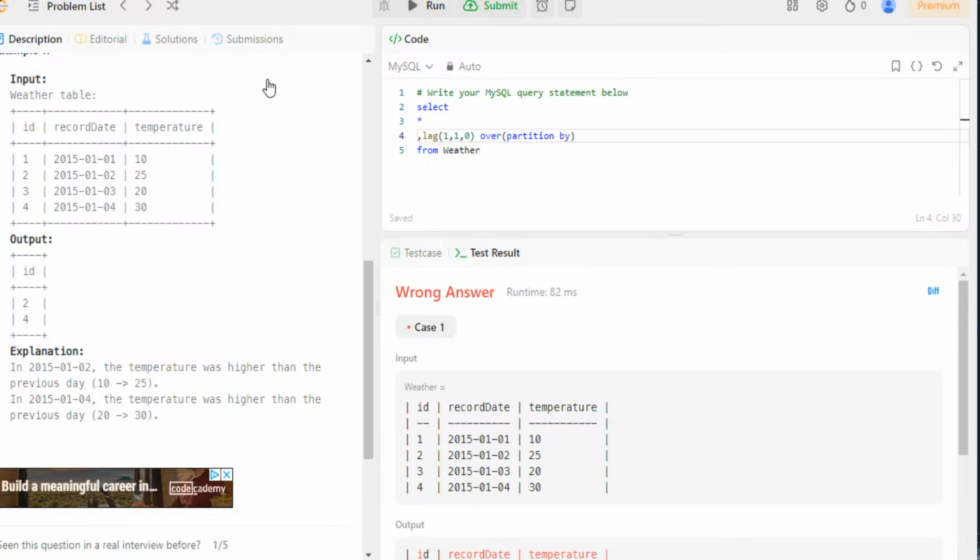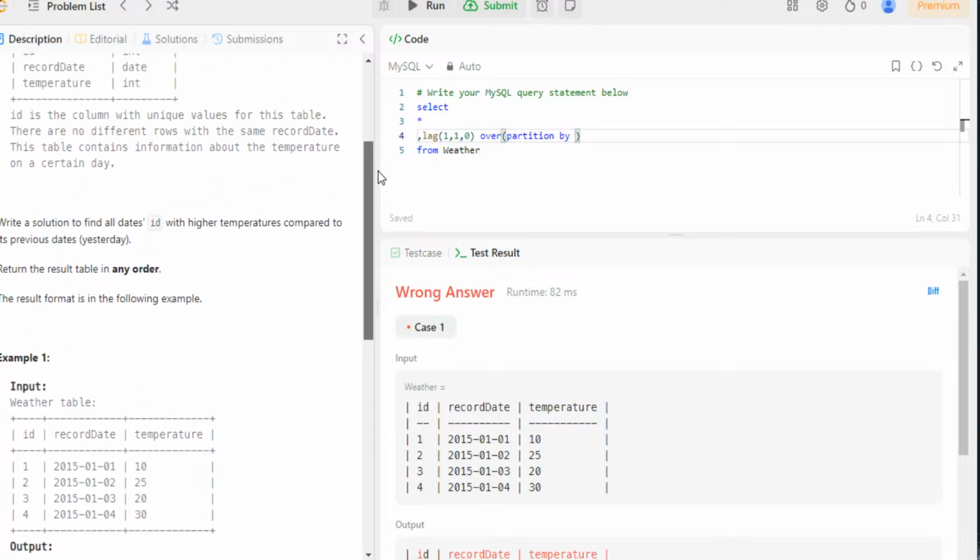So partition by, let's see, and then partition by, because we may have to look at this, because I need to improve, because we want to do this in one fell swoop.